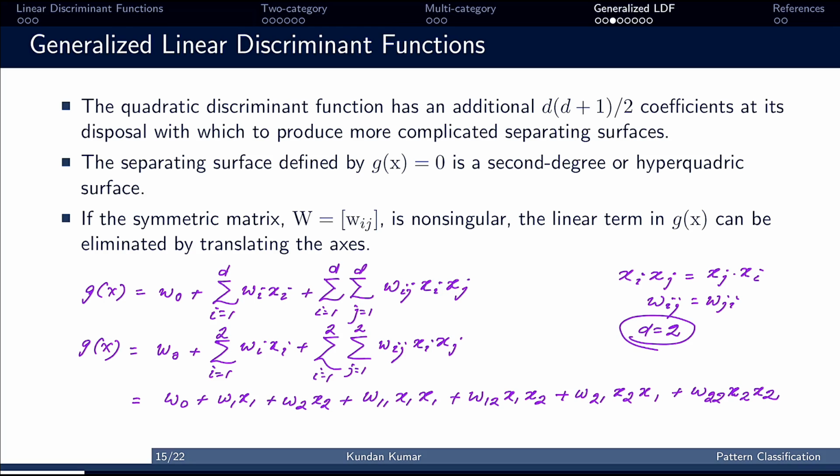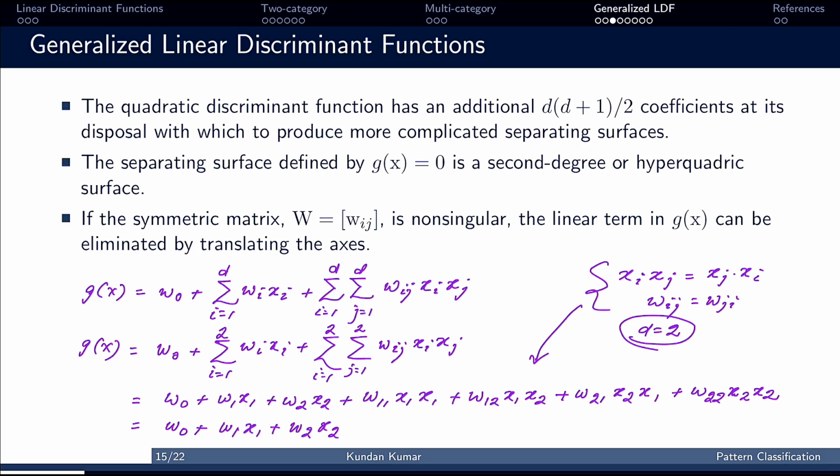Now we can put these two values in this expression. Then we will have W0 plus W1 x1 plus W2 x2.